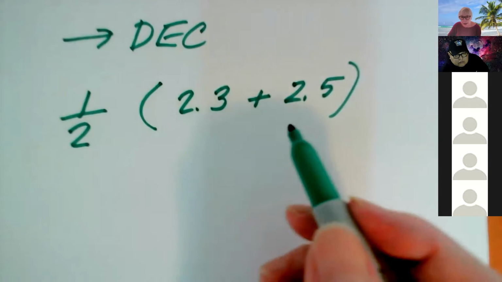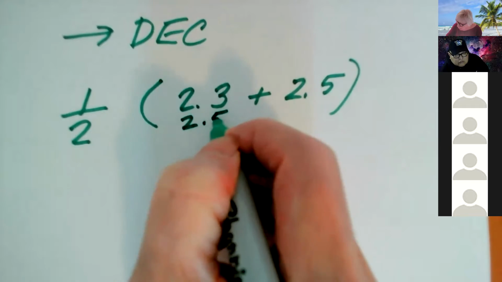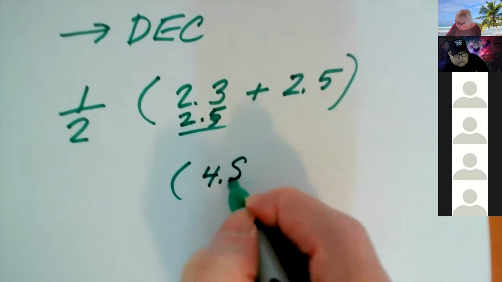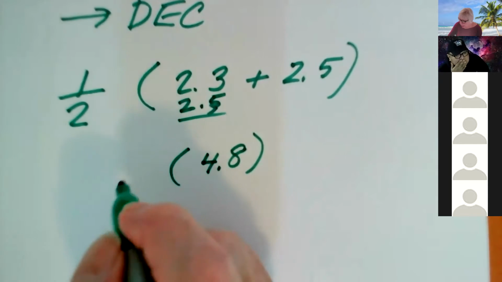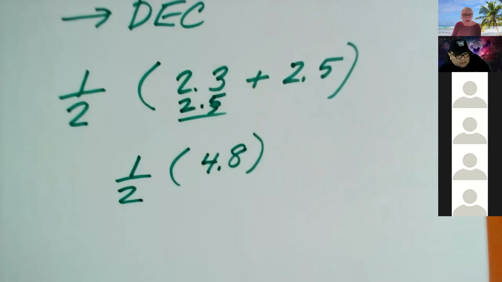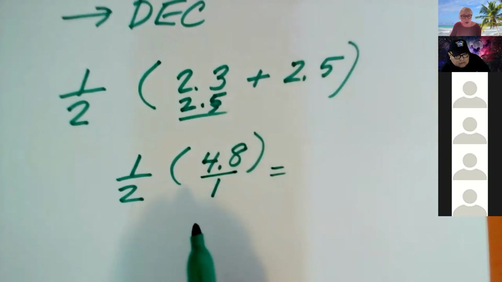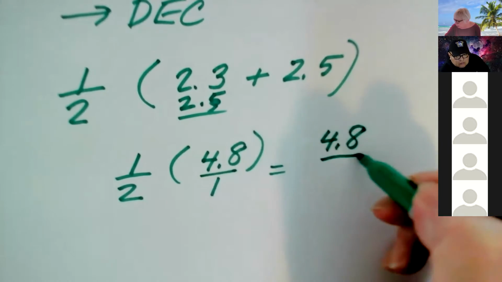Let's find out. This 2.3 and 2.5 should be added. And so what it is 4.8. Right? We did that first. Then we have 1/2. Now, we could turn 1/2 into 0.5, or we could just multiply this across, 4.8 divided by 2.